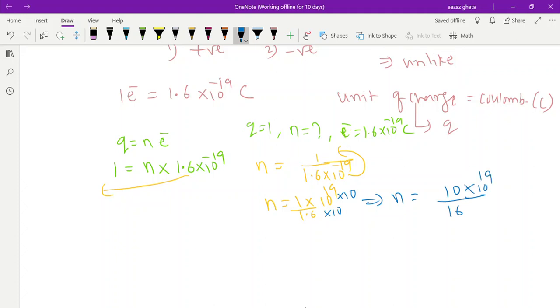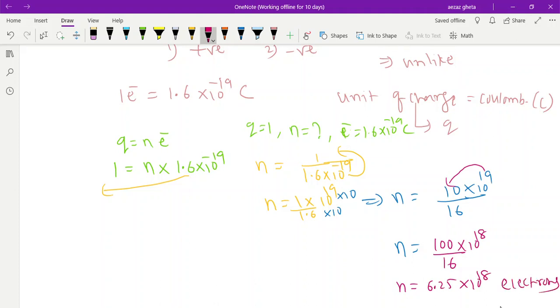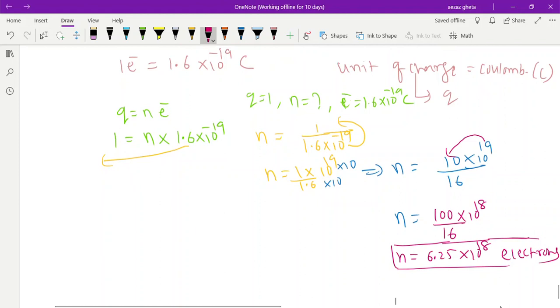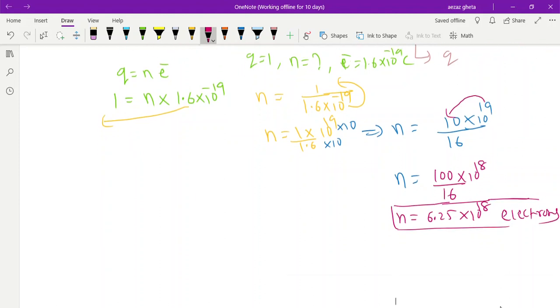If you want, you can remove one power here and multiply with this, so it will become 100 into 10 power 18 divided by 16. If you divide 100 by 16, you will get 6.25, and this into 10 raised to 18 is the number of electrons that constitute 1 coulomb. So the number is very big. 6.25 into 10 to the power of 18, it's a huge number.